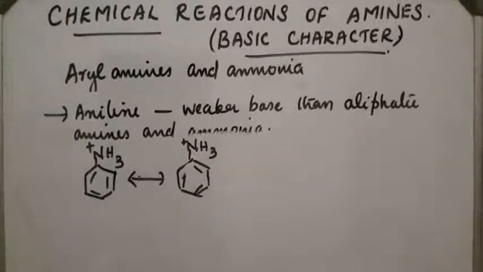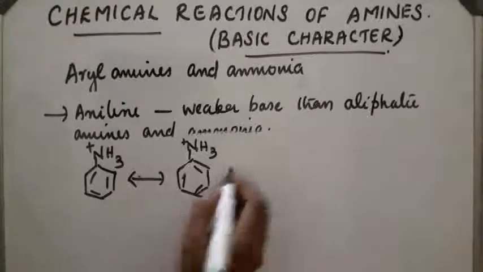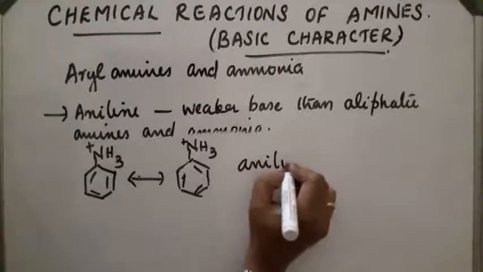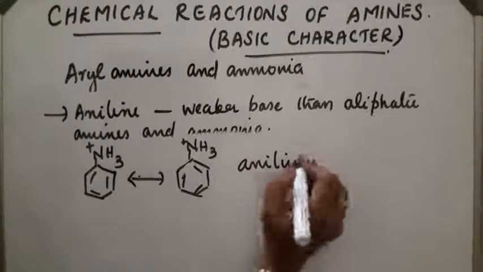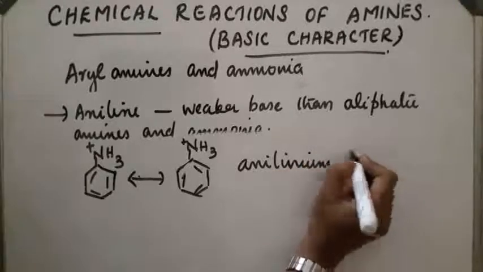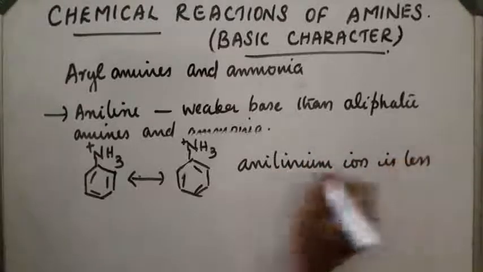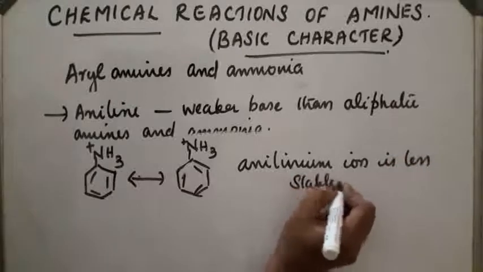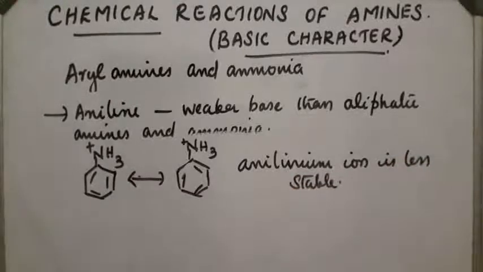As the number of resonating structures decreases, the stability decreases. So the anilinium ion is less stable compared to aniline, which means protonation is not taking place easily here. So aniline is less basic in nature.